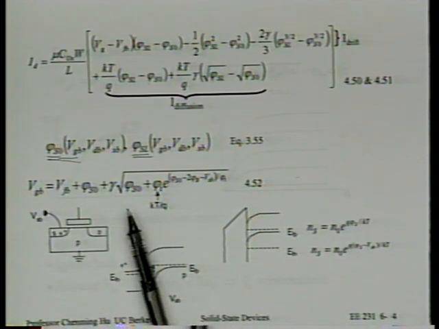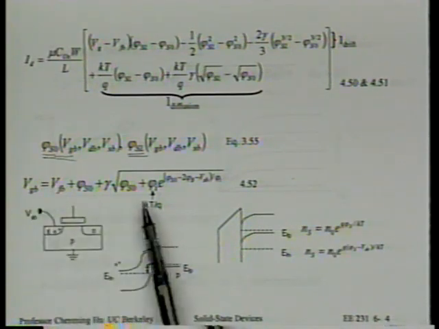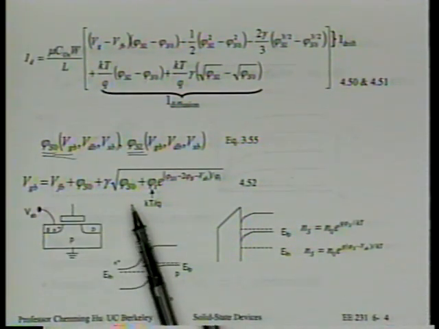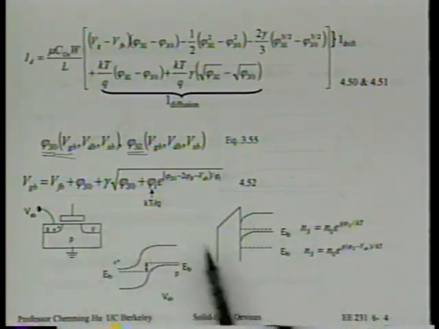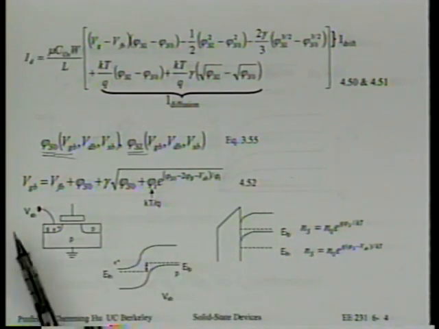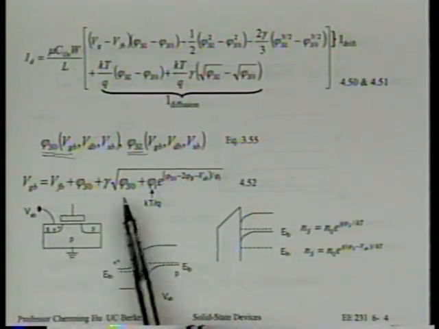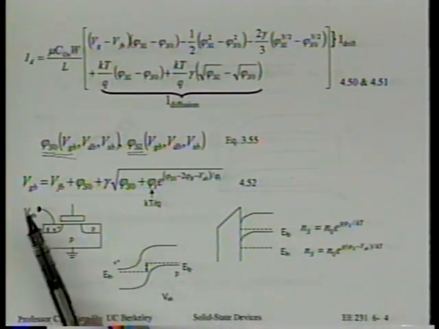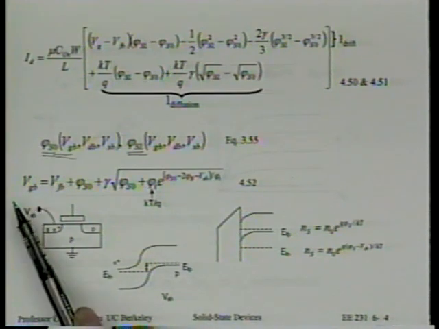When we did that, we ended up with this relationship between VG and phi s. It's significantly simpler than the full relationship, but still transcendental, still requires iterative numerical analysis to find phi s for a given VG. But we did have this equation before, so you can review your notes and you will find it.